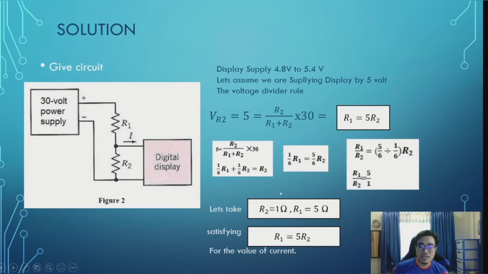So let's take R2 as 1 ohm and R1 as 5 ohm, substituting R1 = 5 R2. Okay, this is all for question A.